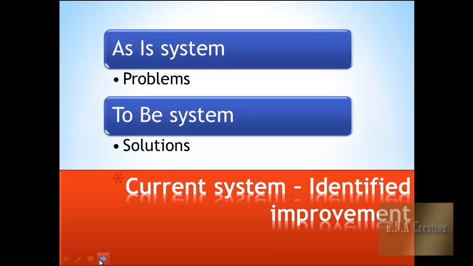So there are two types of system: the as-is system that already exists, and the to-be system that would exist after the project is complete or after the system is ready. So that's the current system, and we need to identify the improvements if the current system exists, and if it doesn't, then we have to build a completely new system.